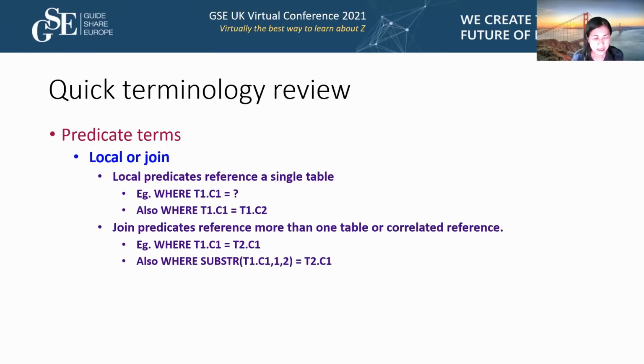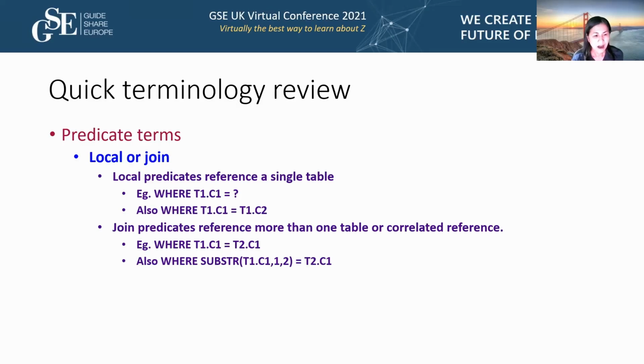Another terminology is that a predicate can be either a local or a join predicate. Local predicates reference a single table, as we show in the example. In the first example, the predicate references column C1 from table T1. In the second example, the predicate references two columns from the same table.